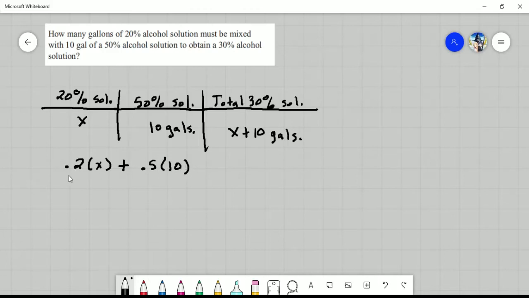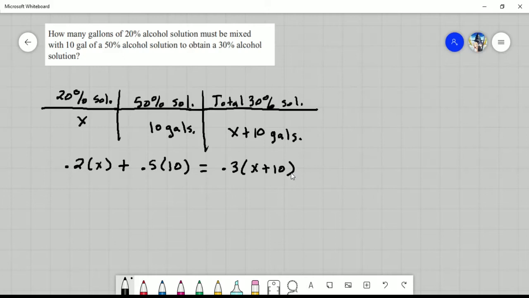So 20% of an unknown amount of gallons plus 50% of 10 gallons equals, or when mixed together, will give me a total of 30%, or 0.3, of the total amount of gallons that we have altogether, which is the X unknown amount of gallons from the first solution plus the 10 gallons of the 50% solution. So this is where I'm going to stop on this word problem, because now we have the equation set up.